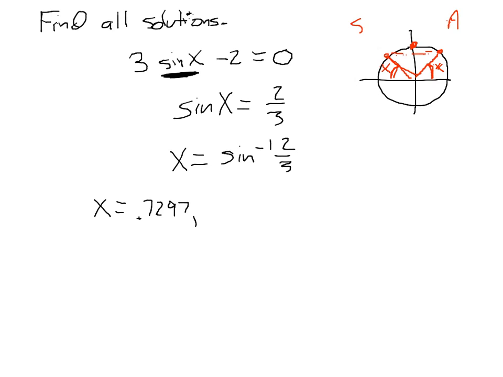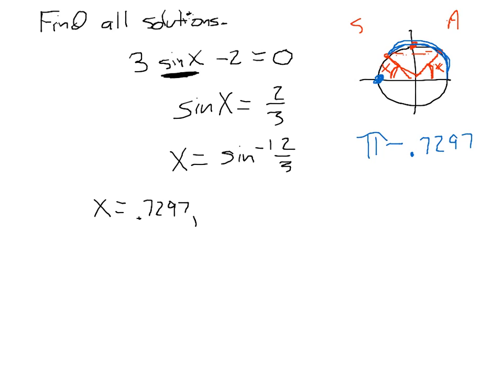But what we have to remember here is what we're really interested in finding is what is this angle right here. And an easy way to find that is it's going to be pi. Remember, this is pi right here, minus our reference angle, 0.7297.